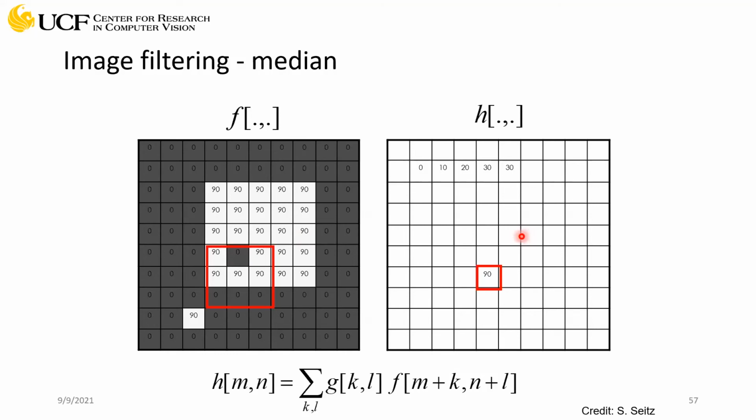so I think there was a question from Amelia. What if we had 90, 45, 90, 95, 90? Then it won't be 90, it will be 45. Median means you take all the numbers in your array, you sort them, and you pick the center number.